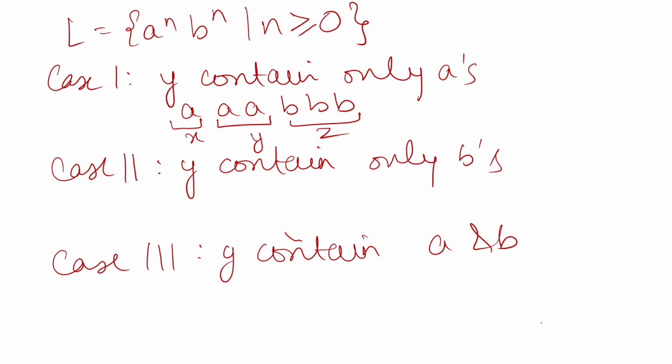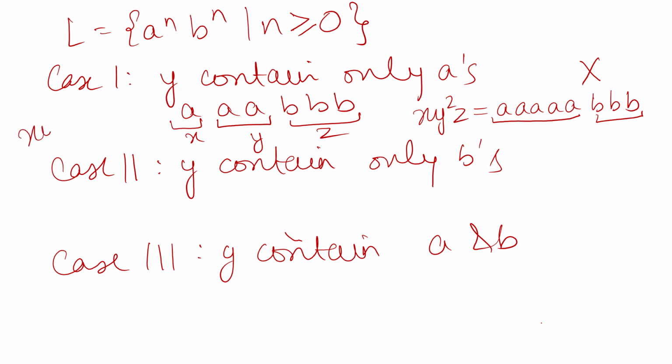Then if I say x y squared z, a now 2 times should become 4 times, then b. a is 5 times, b is 3 times. Is it satisfying a^n b^n? No, it is not. Therefore, x y squared z does not belong to L.